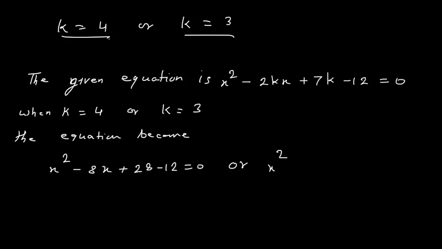Now we put 3, so 3 twos are 6, minus 6x plus 7 threes are 21 minus 12. This is equal to 0.